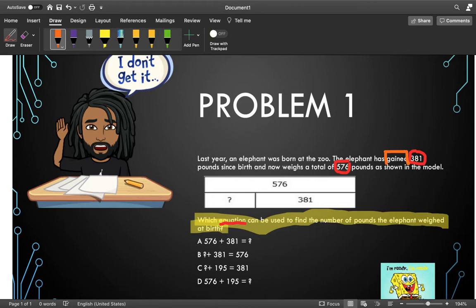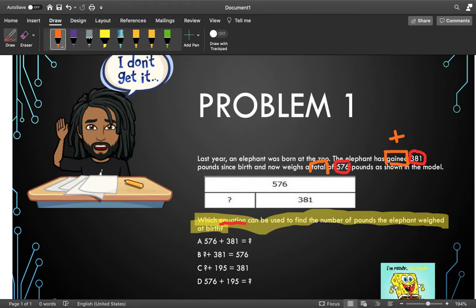Okay, when you gain something, what does that mean? Are you adding on to something you have, or are you taking away? Yes, you're adding on. So we're going to box that in. I'm going to go ahead and put an addition sign over top of it. So the elephant gained 381 pounds since birth and now weighs a total. And here's another action word, total.